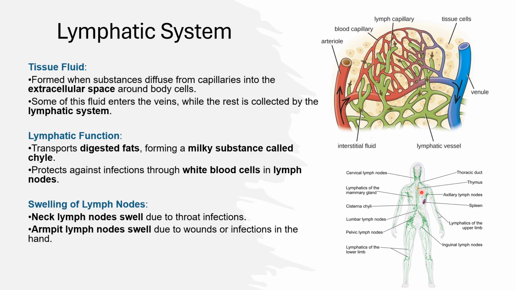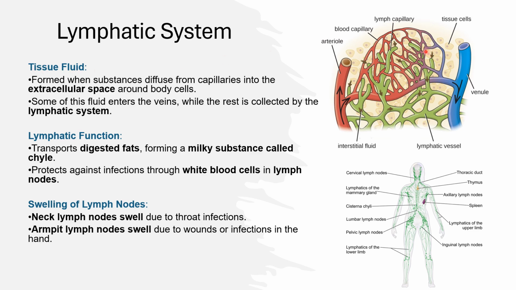What happens in the lymph nodes is that they help fight infections by attacking and destroying germs, either bacteria or virus, that are carried in through the lymph fluid. So this is the tissue fluid.